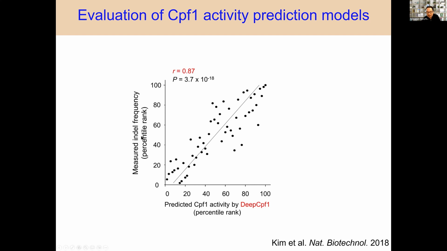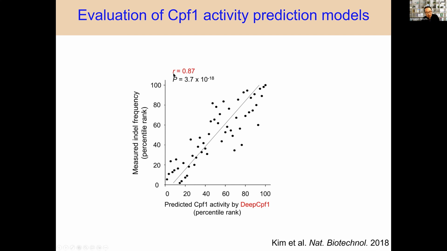This is a traditional and conventional method to evaluate CPF1 activities. We observed a good correlation between the two values, indicating that our computational model is highly accurate in predicting CPF1 activities.